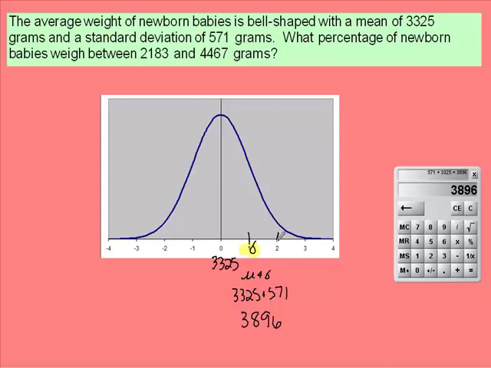My second sigma limit, above the mean, I would be taking mu plus 2 times the standard deviation. 3,325 plus 2 times 571.